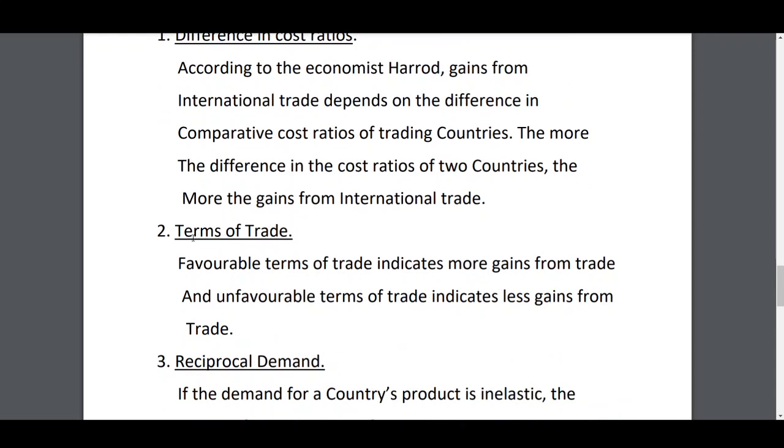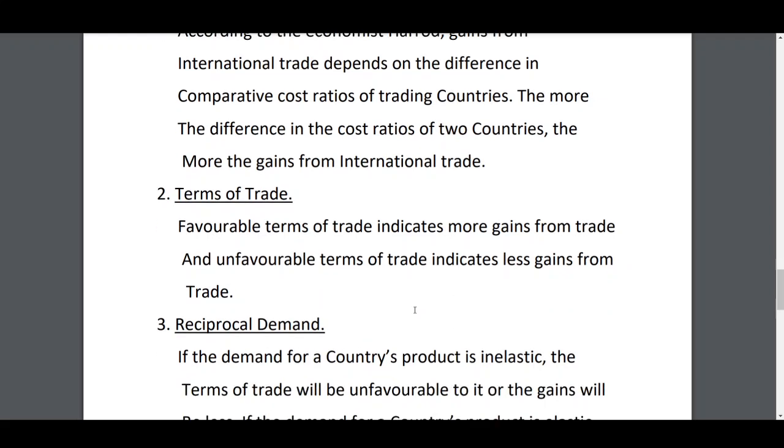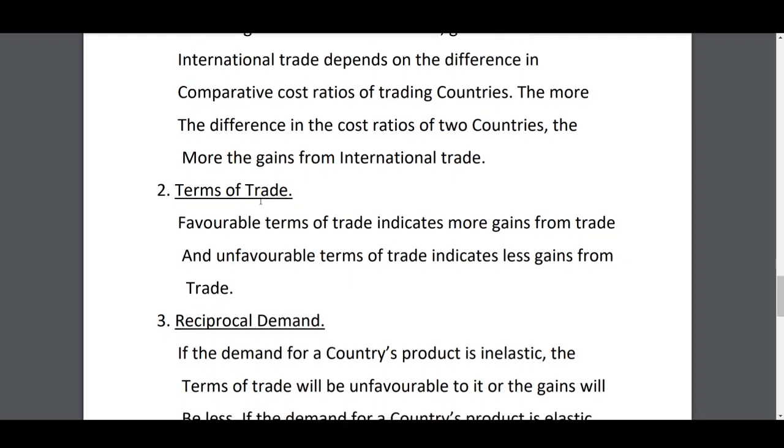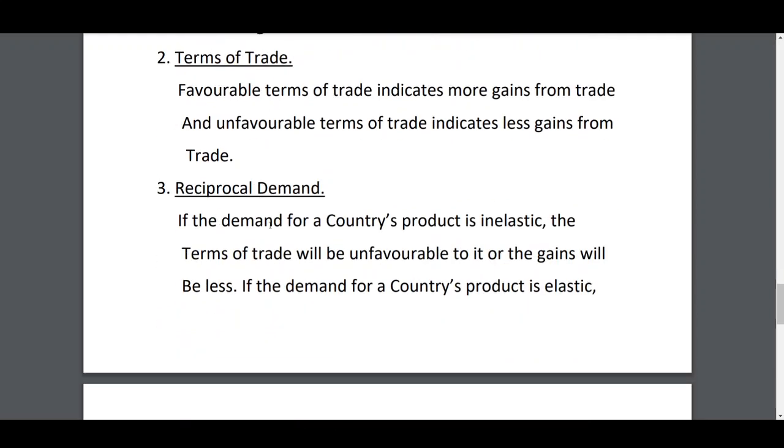Now, the second factor is terms of trade. We already studied what terms of trade is. Favorable terms of trade indicate more gains from trade, and unfavorable terms of trade indicate less gains from international trade. Third one is reciprocal demand.